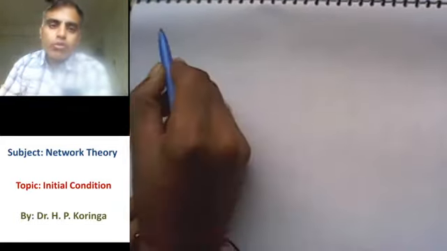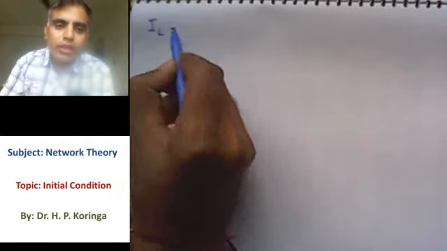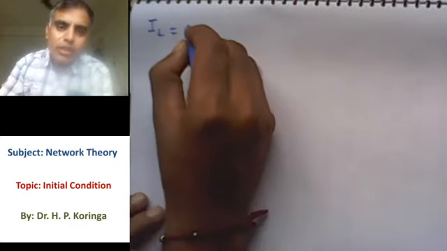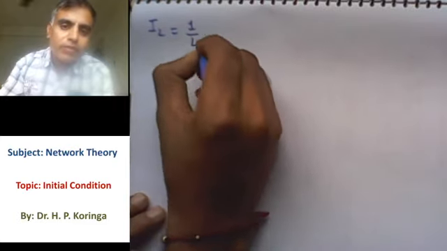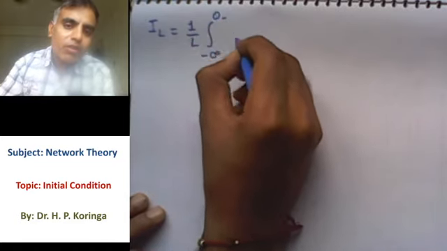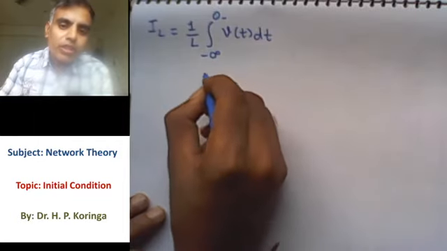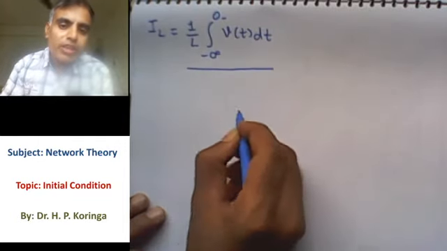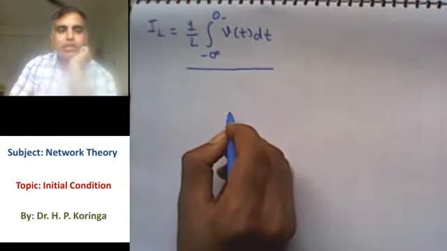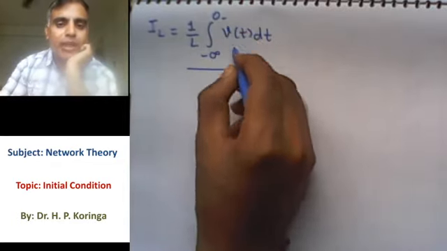Right, so the current passing through an inductor has two components. One is 1 upon L, integral from minus infinity to 0 minus of VL of t dt. This is nothing but the initial current present in the inductor, that is, the current in the inductor at t equal to 0 minus time.